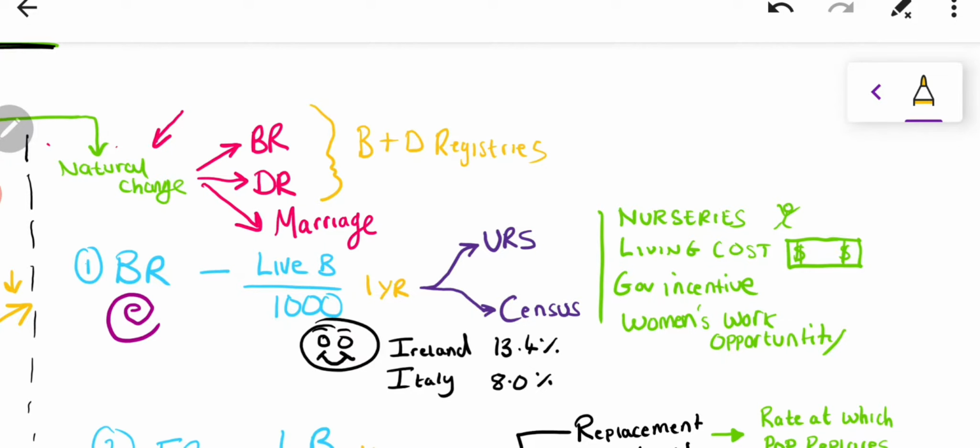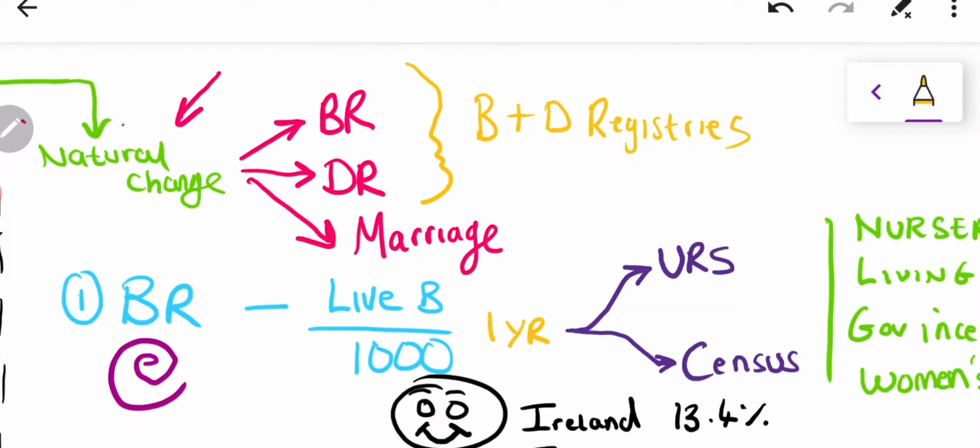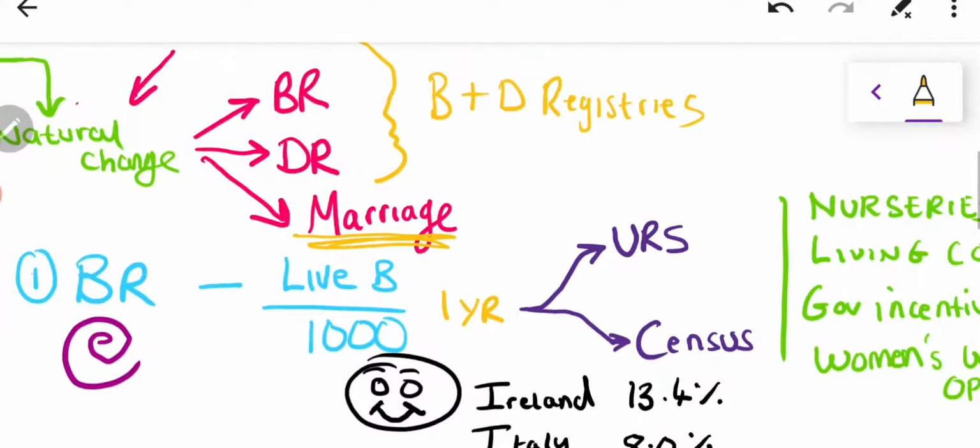So birth rate, death rate, and marriage. To be honest, for this one, we're going to leave marriage, and you could probably guess what the definitions would be once we have looked at a few. So let's talk about birth rate and death rate first.